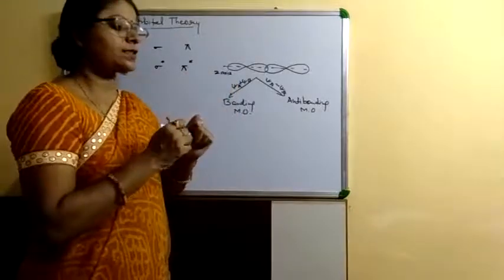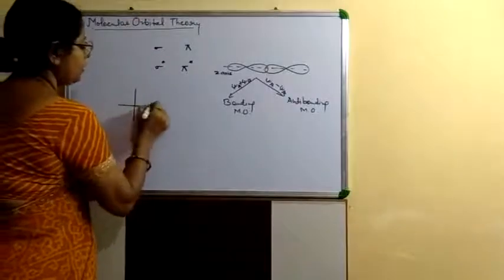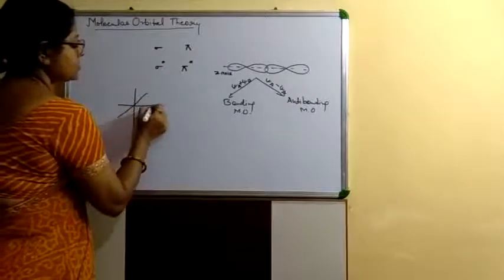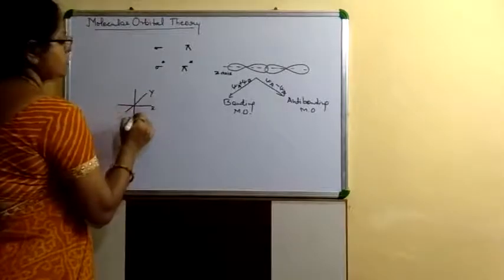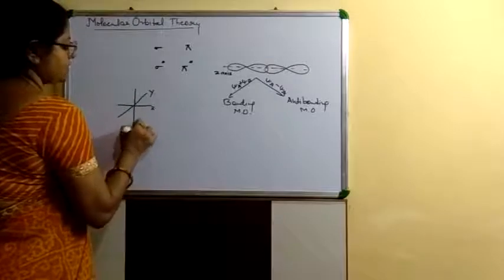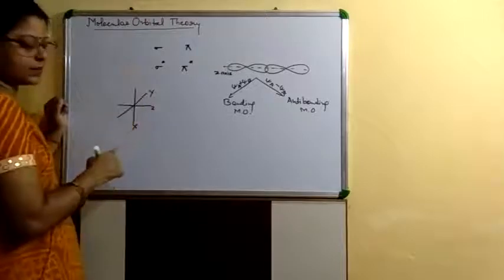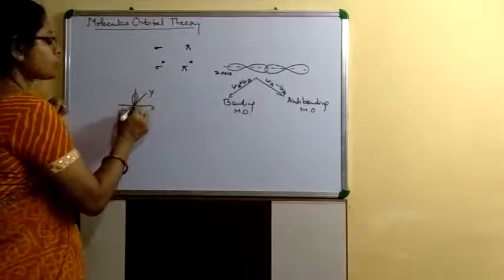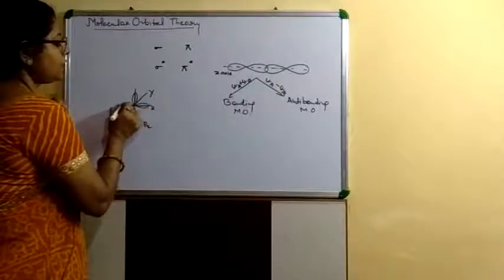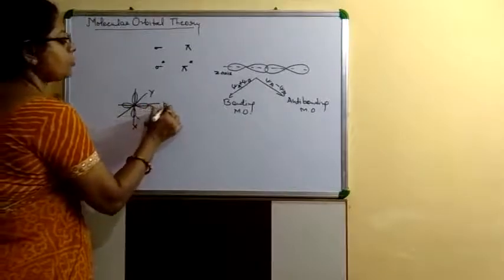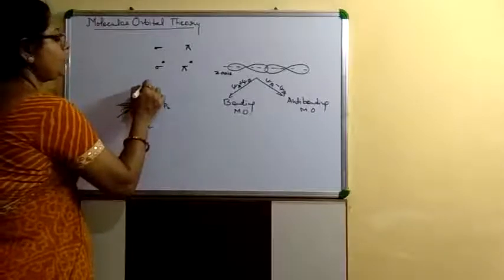If we represent p orbitals along the axes, this is the z axis, this is the y axis, this is the x-axis. The orbitals along the x-axis are known as px orbitals, along the z-axis as pz orbitals, and along the y-axis as py orbitals.